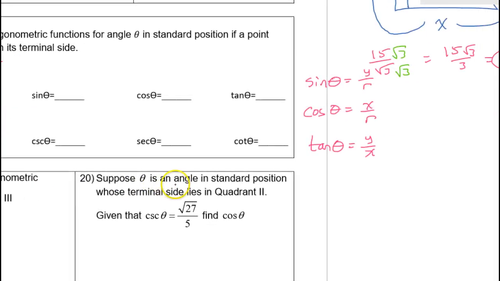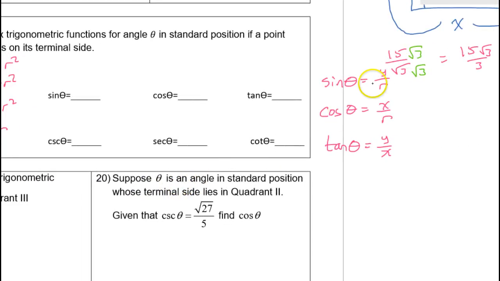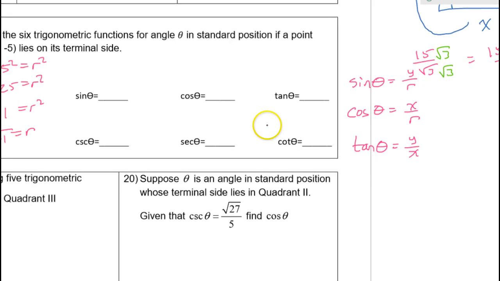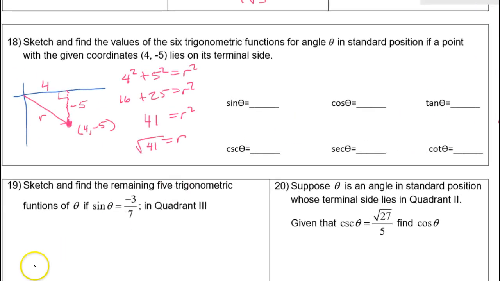So just remember what I said a minute ago about sine being y over r. So that's going to be negative 5 over radical 41. Cosecant will be the reciprocal of that, so that should be negative radical 41 over 5.